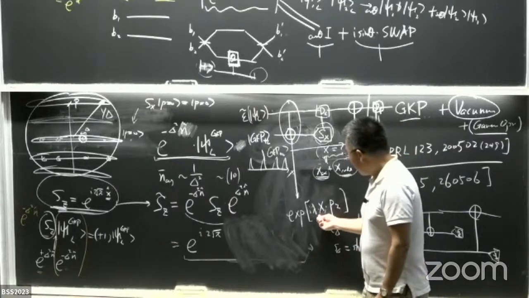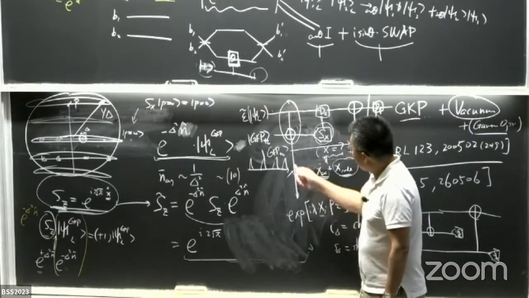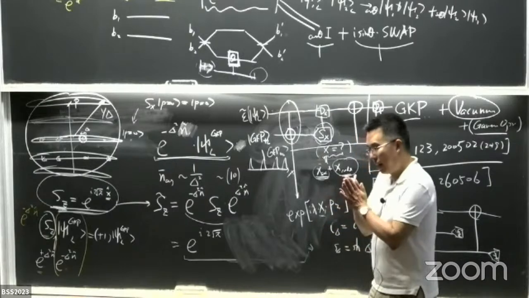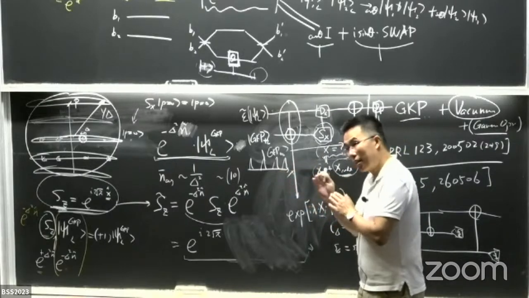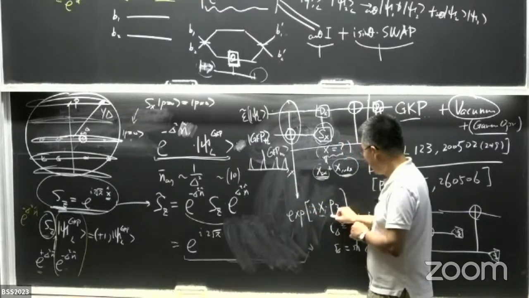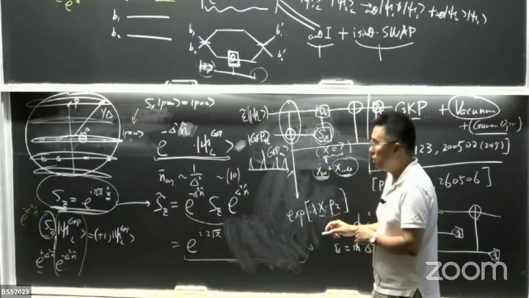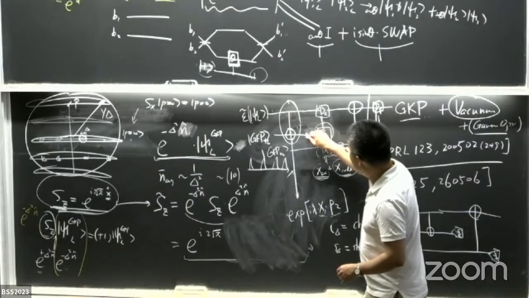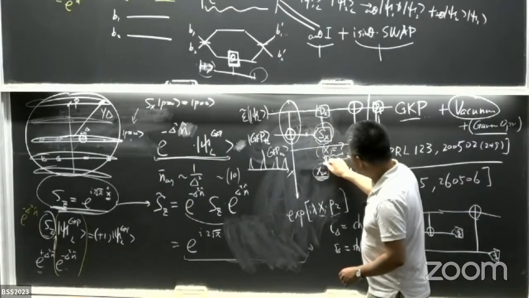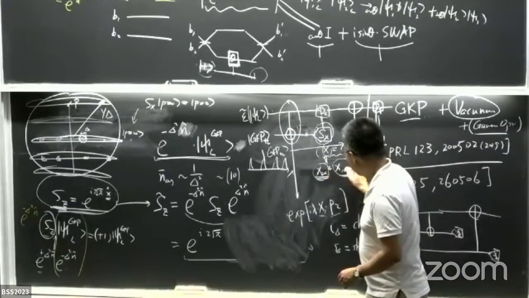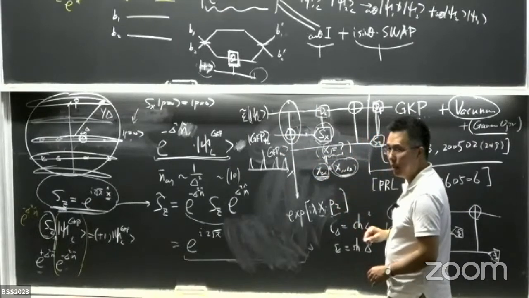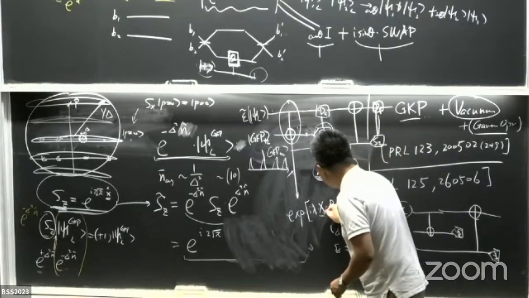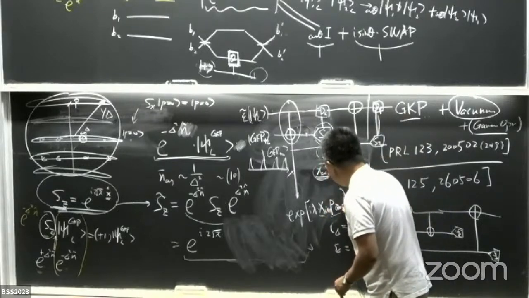So any position X1 of the first mode will be mapped as a displacement along P2, along the X2 direction, because that's what the P refers to. So it will map the X outcome for this output to be X ancilla plus X code word. Let me just write: this is the code and this is the ancilla.